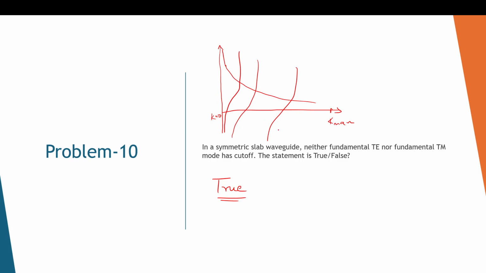So for whatever value of kappa max, even if kappa max is very small, these two curves will always cut each other at some point. You can just try plotting the RHS and LHS for different values, and you can check that the statement is actually true.